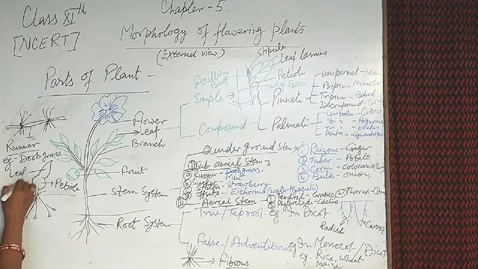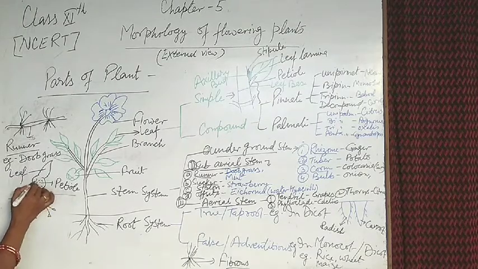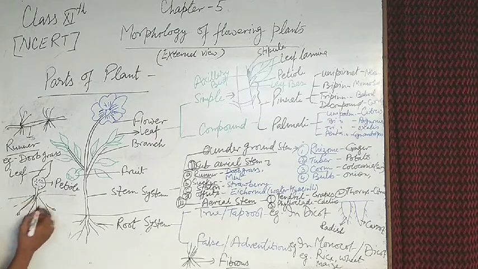The leaf has aerenchyma cells inside and floats on the surface of water.